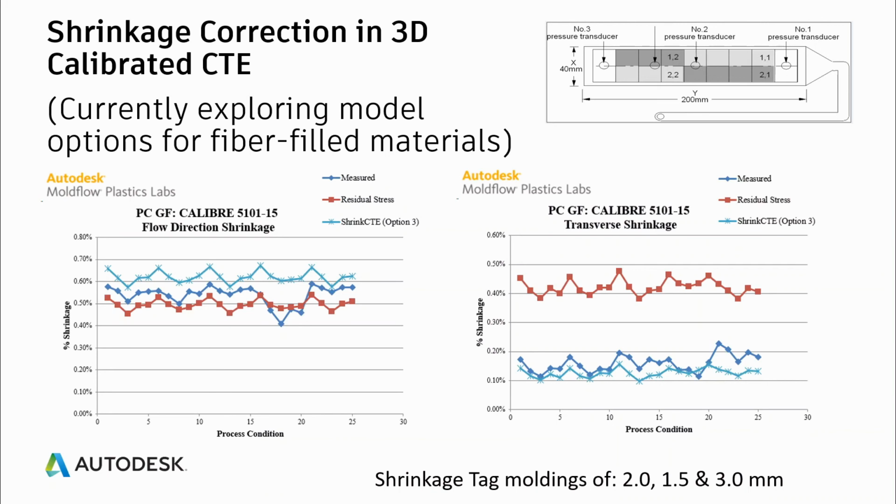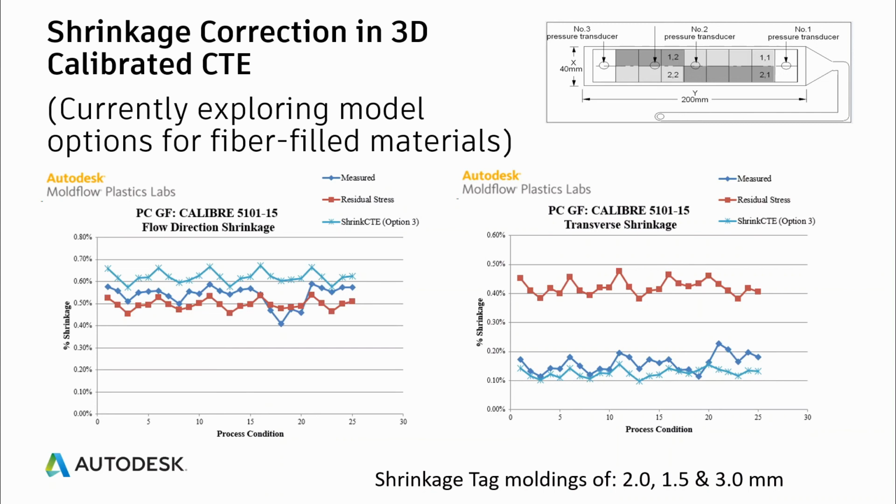And it's more complex here because we need to apply the correction not just at a composite level, but also at a component level. So here I'm showing a comparison of prediction for a glass-filled polycarbonate material, showing both the flow direction shrinkage on the left and the transverse shrinkage on the right, which are very different in this material, given that it contains glass fiber filler.